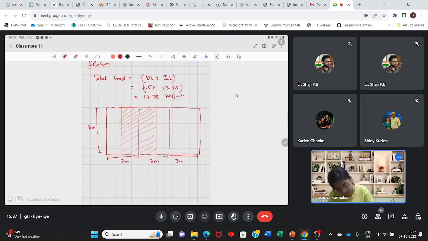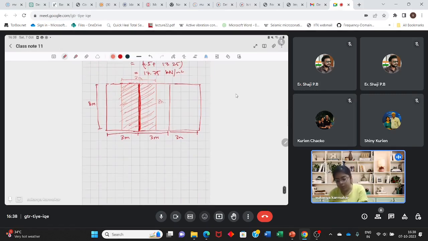So the load which is coming on this area will be carried by this beam. Now I'm concentrating on this beam. The load acting on this beam will be coming from this area which I just hatched. This will be 3 meter, this will be 8 meter.